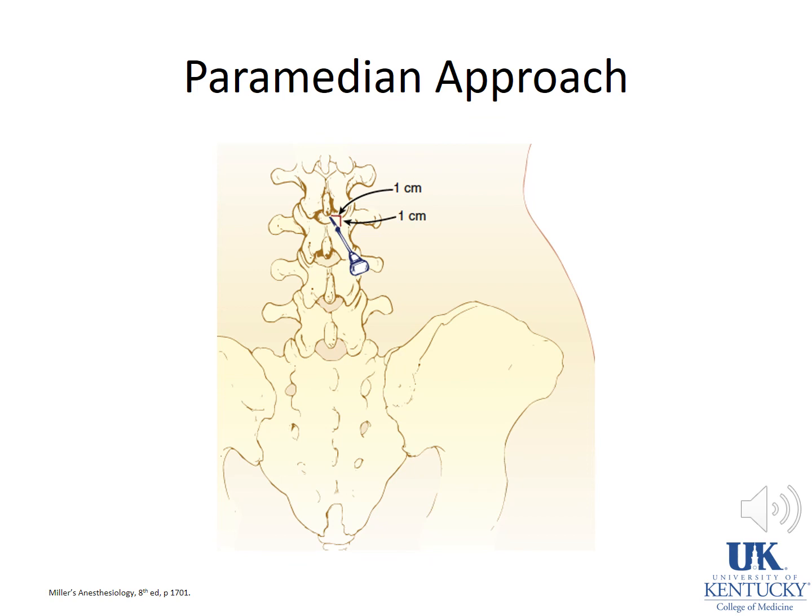Additionally, the paramedian approach bypasses the supraspinous and interspinous ligaments, which may be calcified in elderly patients. One disadvantage of this approach is that while the midline approach requires conceptual visualization of the sagittal and horizontal planes, the paramedian approach also requires consideration of the oblique plane.